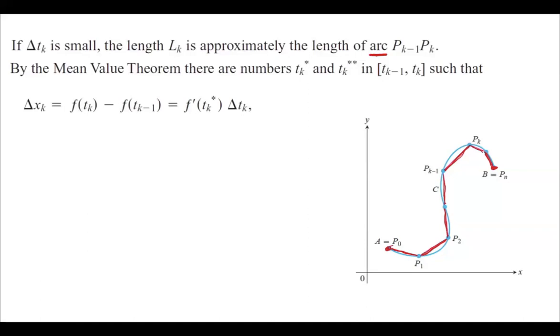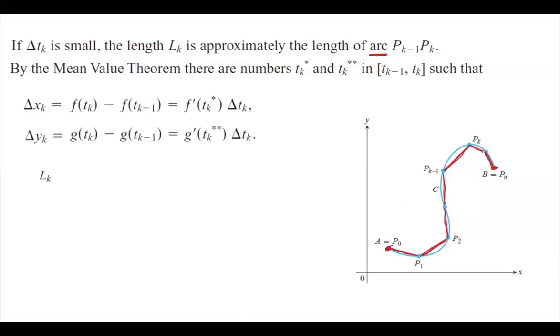Very good. The same argument for the delta yk, which can be written as g of tk minus g of tk minus 1, which in turn is g prime of tk double star times delta tk.